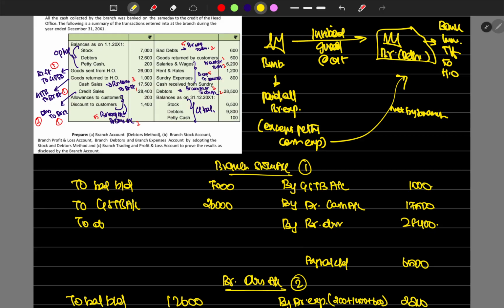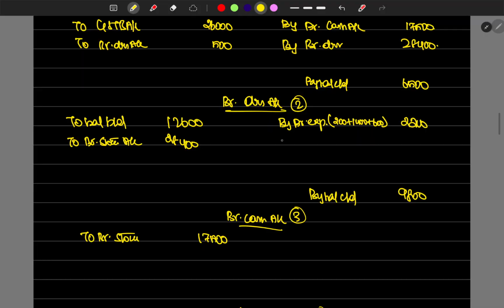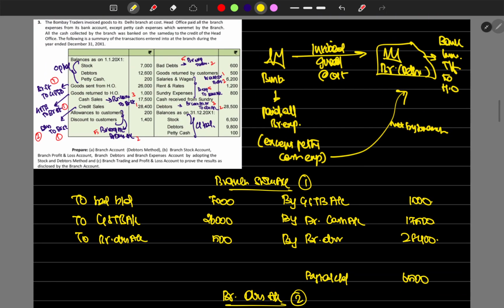To branch debtors account, which is 500. By branch stock, sales return, which is 500. Then what else? Salary, wages, rent and expenses, sundry expenses, all these have been paid by the head office.